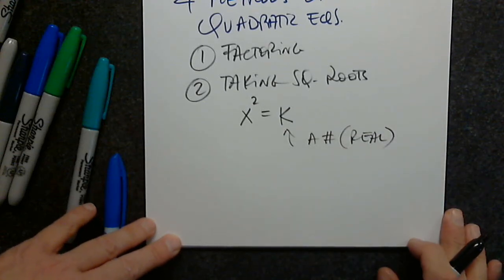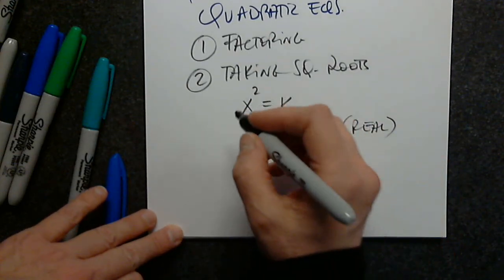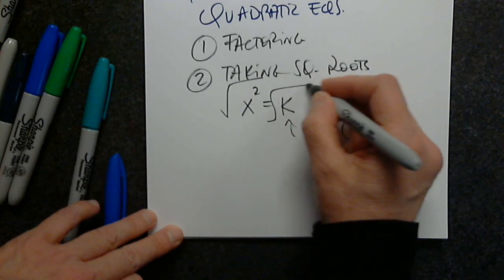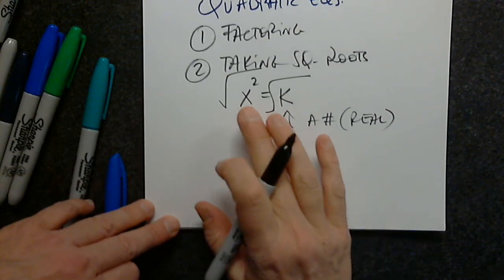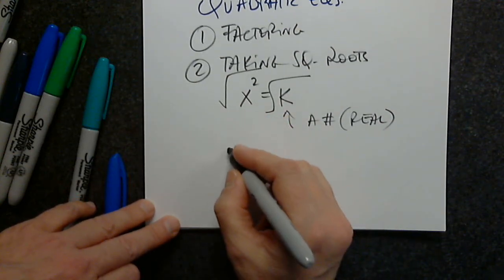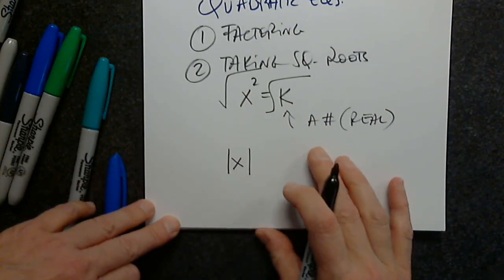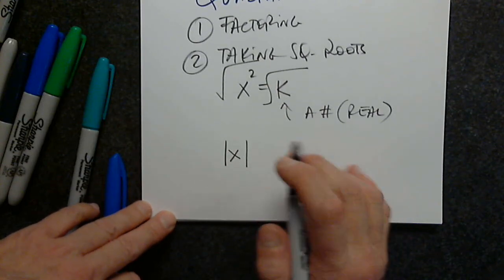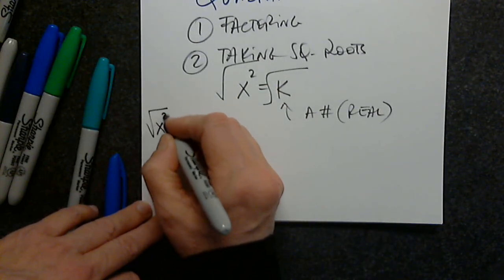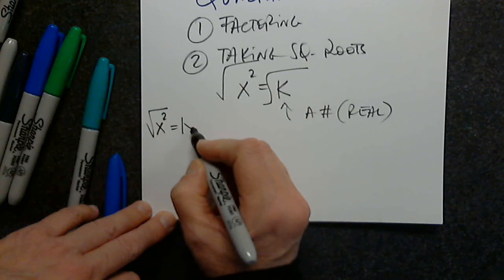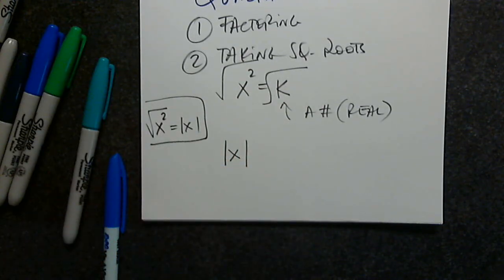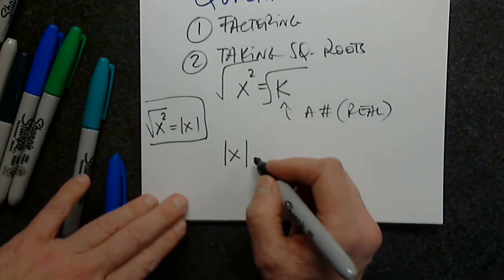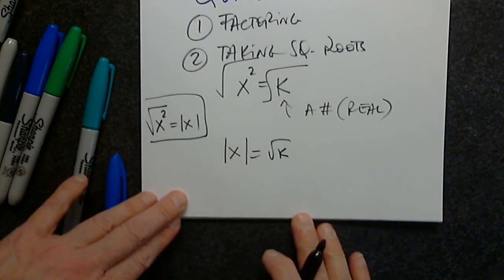Any number. So we will apply the square root at the same time to both sides, of course. The left-hand side should be the absolute value of x. If you remember from taking square roots, for when x is any real number, this is the correct answer. And the right-hand side is the square root of k, whatever that is.